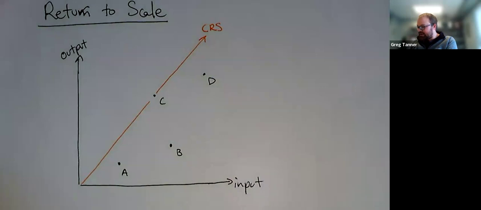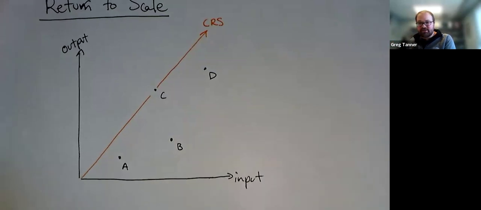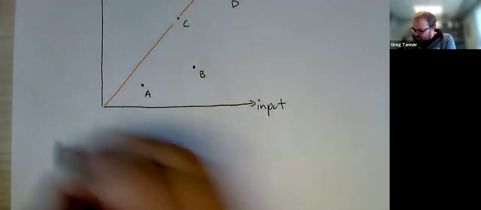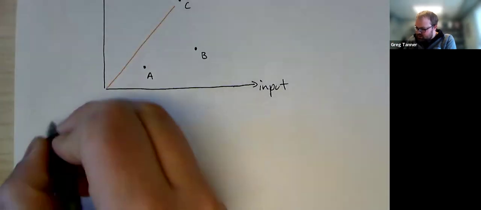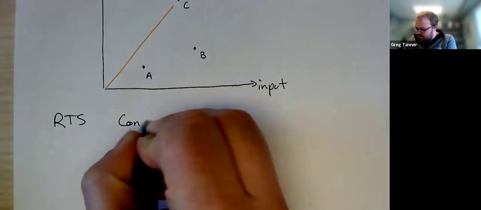An alternative to that is what's called variable returns to scale. Variable returns to scale says that we're going to put limits, and that you can't arbitrarily scale things up and down, but your target should always be the same essential size as the DMUs that you already have. And so what that does is it puts constraints on your lambdas. So here let's have RTS stand for returns to scale, and constraint.